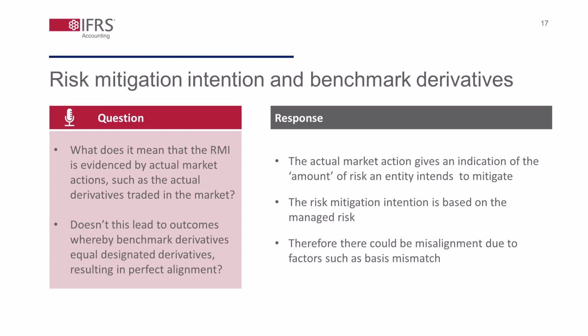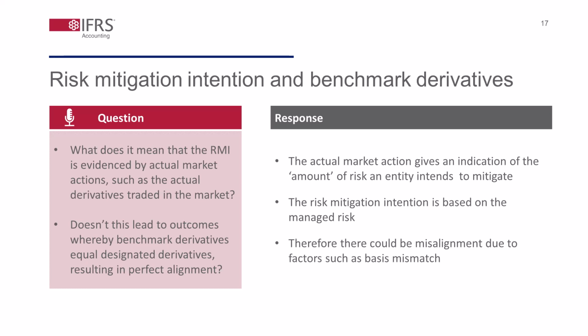Well, as we mentioned earlier, the actual market action gives an indication on the amount of risk an entity intends to mitigate, but the actual type of risk is still determined by the extent of risk that exists within the current open risk position. For example, an entity may trade an ESTR versus fixed derivative to mitigate the NII variability caused by a fixed asset and a variable liability linked to a 3-month Euribor.